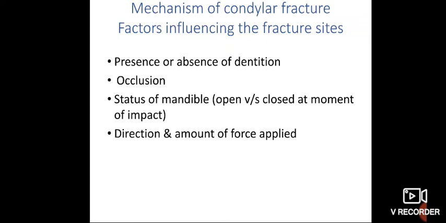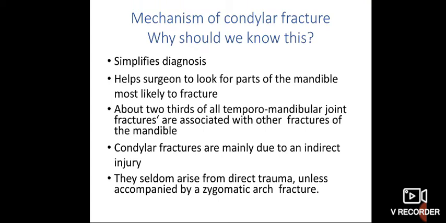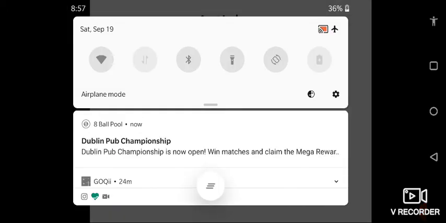What are the influencing factors for the condyle fracture? Most important thing is whether there are teeth present or not. Second thing, occlusion.